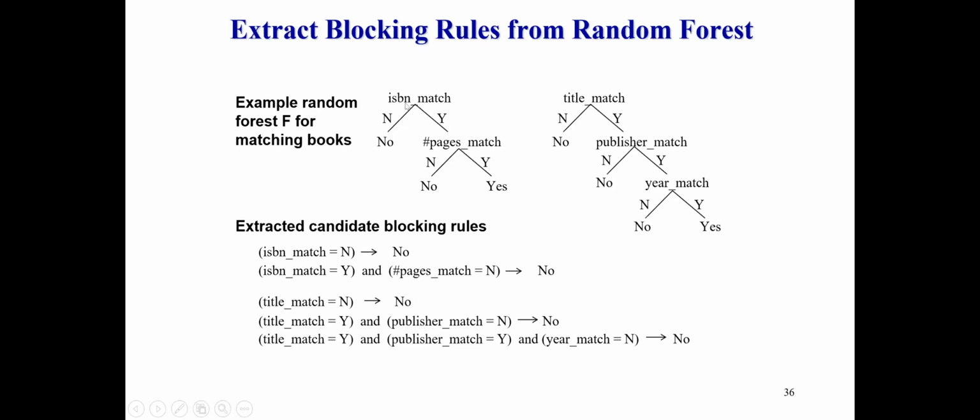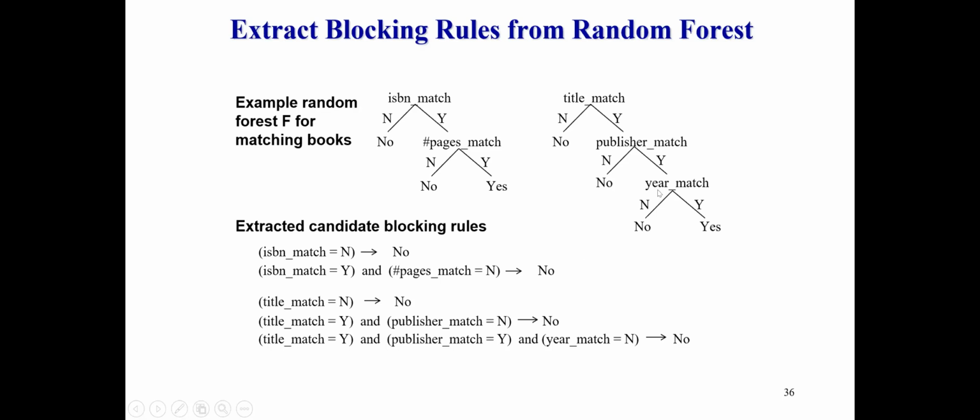I could think about that as a possible blocking rule. This very first part says that if the ISBN numbers do not match, then discard the tuple pair. This second one says if the ISBN numbers match but the number of pages do not match, then again discard the tuple pair. So those 2 become possible blocking rules that I put down here.